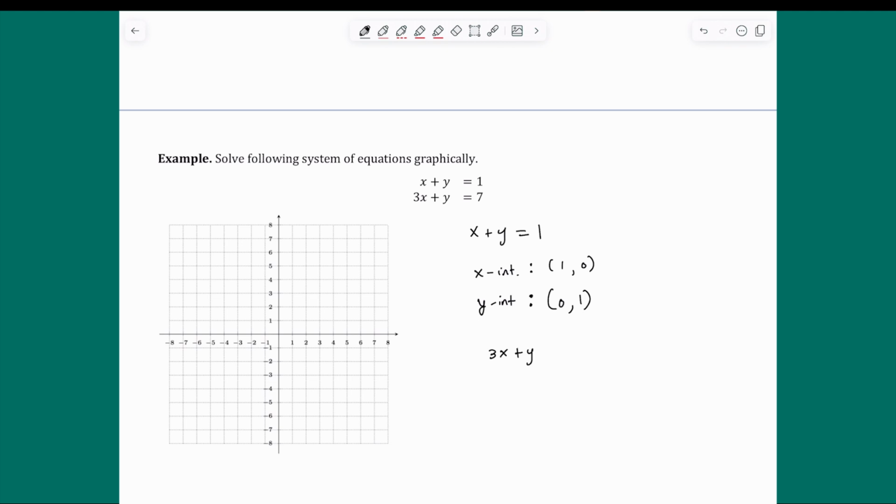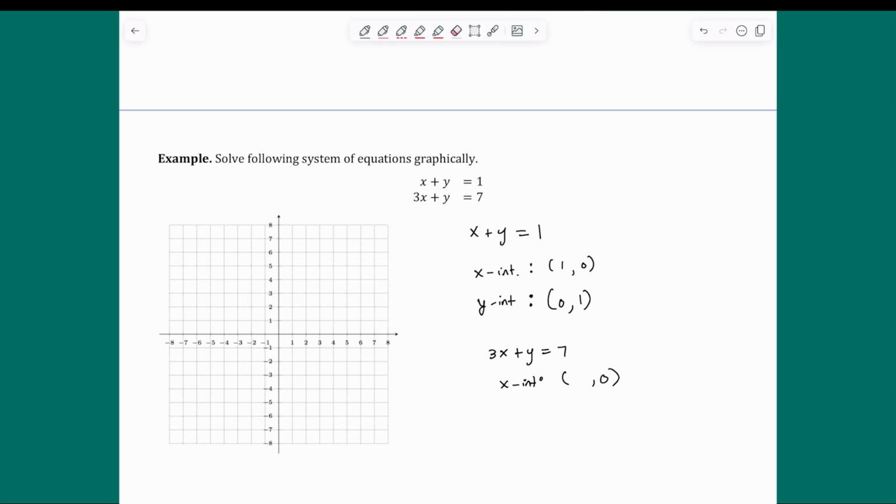We have 3x plus y equals 7. To find the x-intercept, we know that the y-coordinate will be 0, so what's its x value? Cover up the y, we get 3x equals 7, which is 7/3.